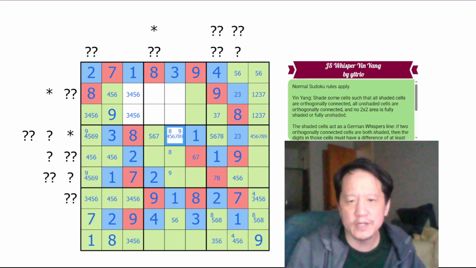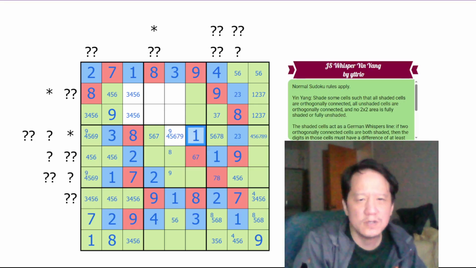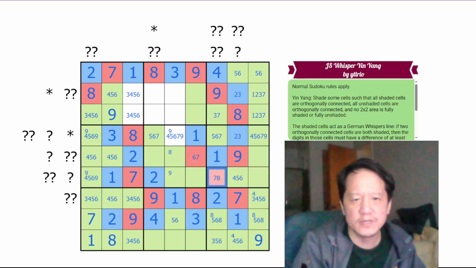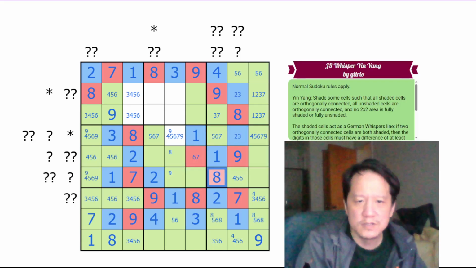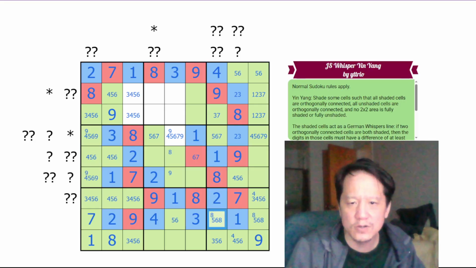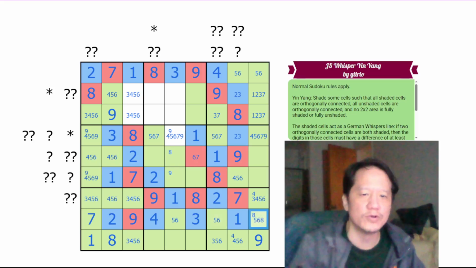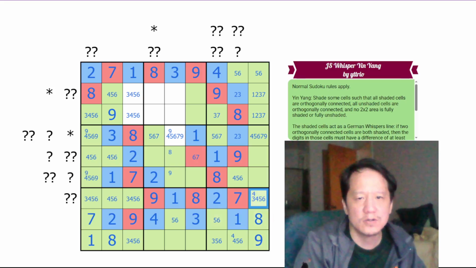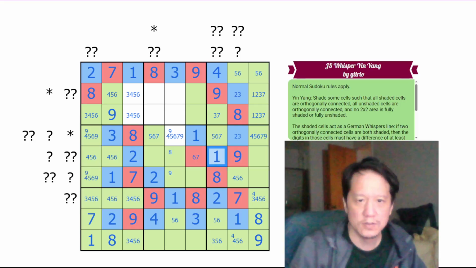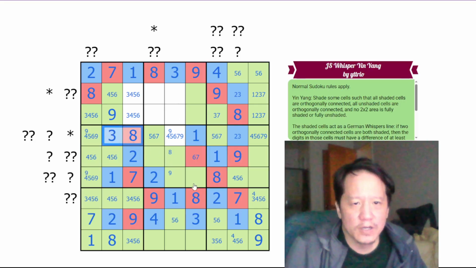So no 8 here. No 8 here, no 8 here. This 7 eliminates 7 here, so this is 8, which eliminates 8 here. So where's the 8 in row 8? It has to be there. Okay.